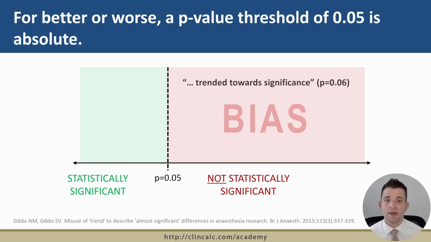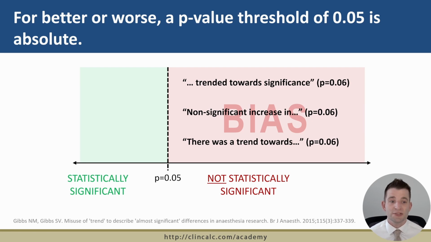Oftentimes authors, when they really believe in a treatment effect and they're really close to that 0.05 threshold but not quite there, you'll see terms like a trend towards statistical significance with a p-value just above 0.05, or a non-significant increase in whatever the endpoint is with a small p-value which is not less than 0.05.